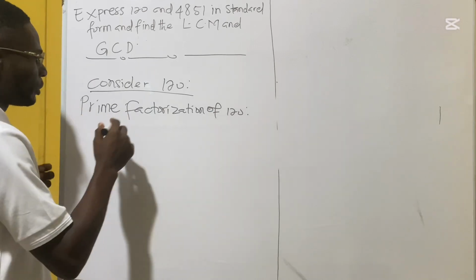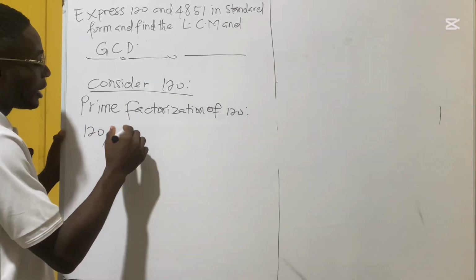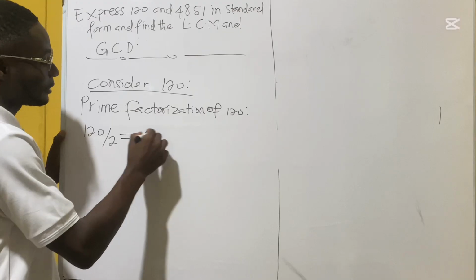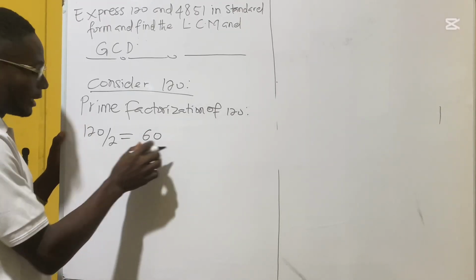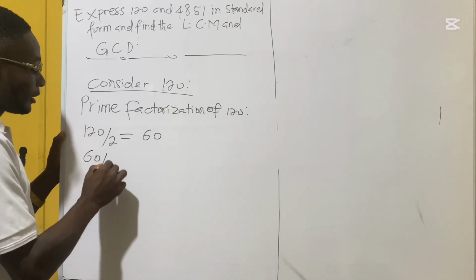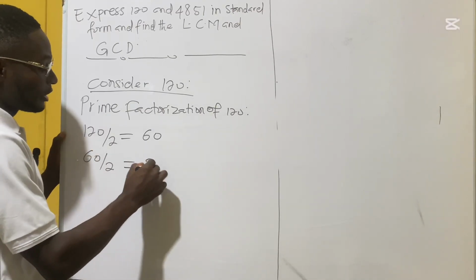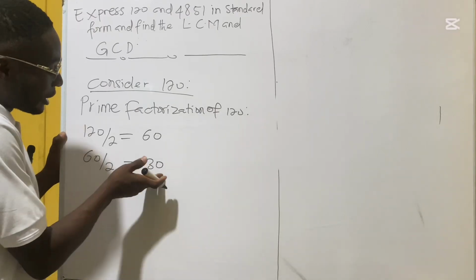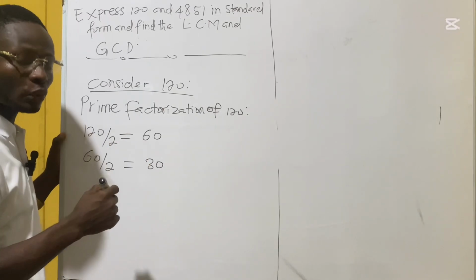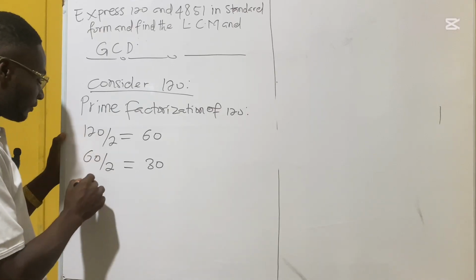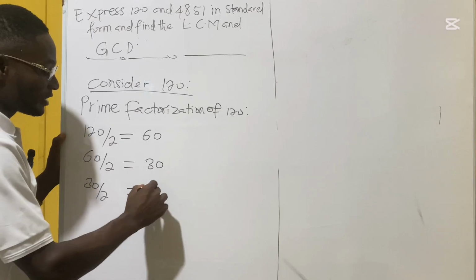So we're going to have 120 divided by 2, and that is equal to 60. Next, we pick 2 again, so we're going to have 60 divided by 2, and that is equal to 30. We can see that 30 is an even number, so we can still use 2 to divide it. So 30 divided by 2 is equal to 15.